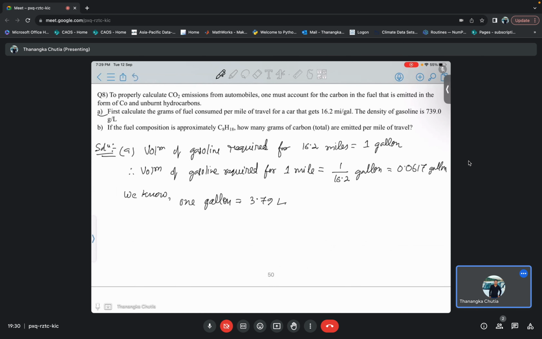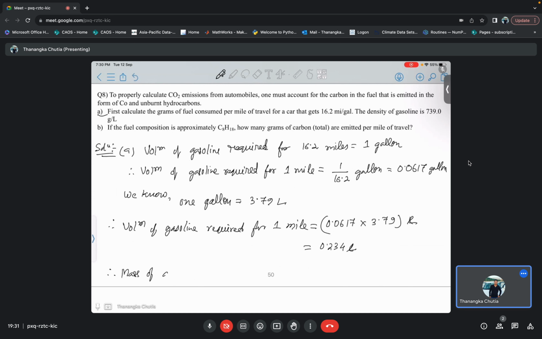Okay, therefore volume of gasoline required for 1 mile, this will be 0.0617 into 3.79 liters. Okay, zero point 234 liters.